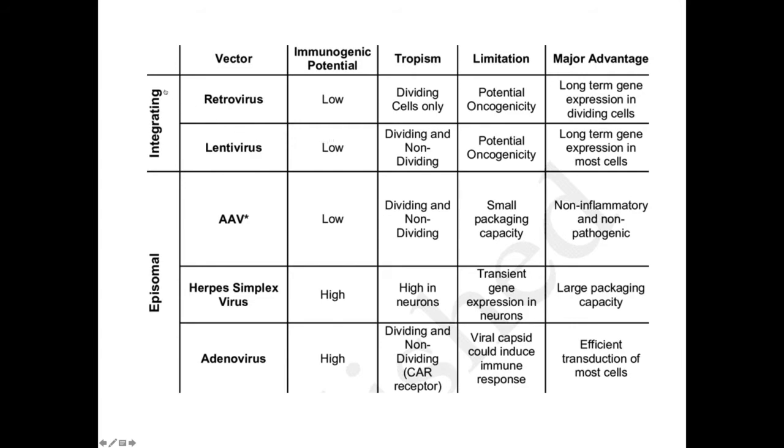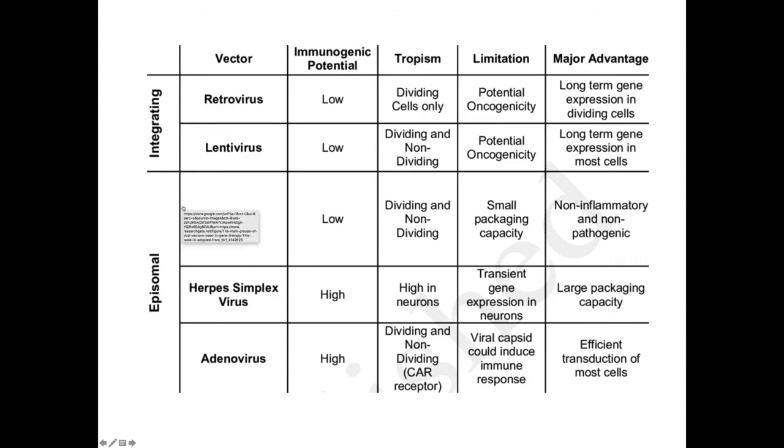The problem with an integrating approach is potential oncogenicity. Onco means cancer, so it has the potential ability to mediate cancer. But the advantage is that because it goes into the genome, it has long-term gene expression in dividing cells in the case of retroviruses, or in most cells.